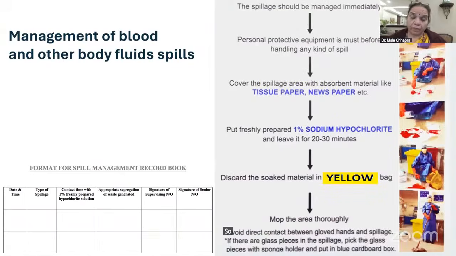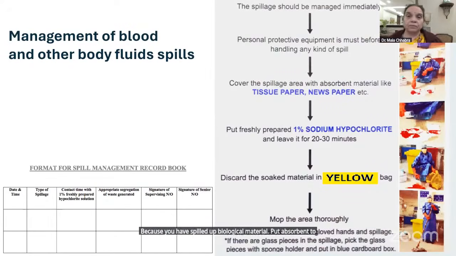This is also an exercise we do when we do this training. So if there has been a spill, you have to shout out so that nobody comes there because you have spilled a biological material. Put absorbent towels or tissue paper on that, and then put 1% sodium hypochlorite solution.